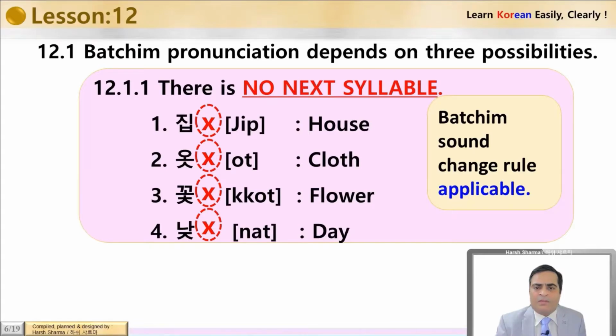You remember that 12 consonant list. So why are we not pronouncing number 2 as os? We are pronouncing it as oth. The rule is applied here in this situation. Number 3 is kot, rule is applied. Number 4 is nat, rule is applied. So again, if there is no next syllable after the Batchim, the pronunciation sound change rule, that table, will be applied here.